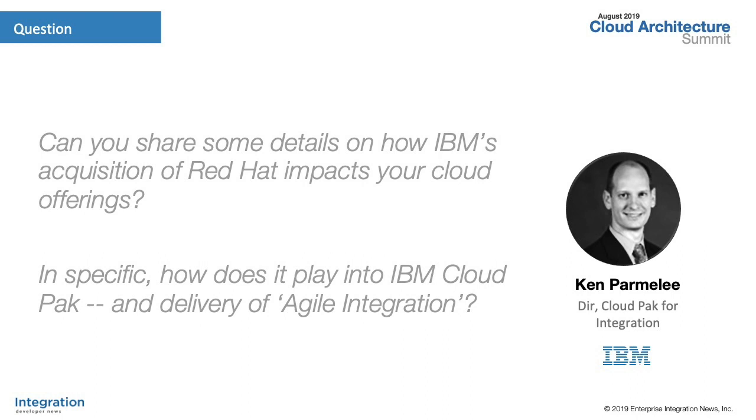IBM and Red Hat are working together very closely through the acquisition. It was really interesting because obviously before the acquisition closes, you can't do much work together. But as soon as it closed, one of the main focuses was really around the integration area and how we incorporate OpenShift into the Cloud Pak so that we can leverage the enterprise grade scalability and elasticity that OpenShift brings.